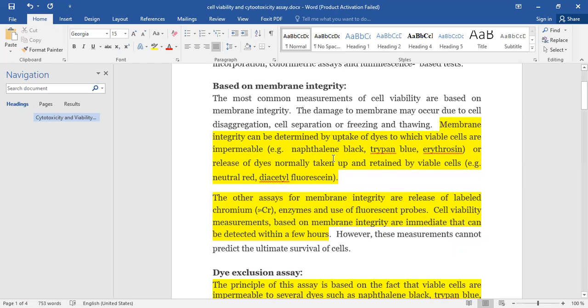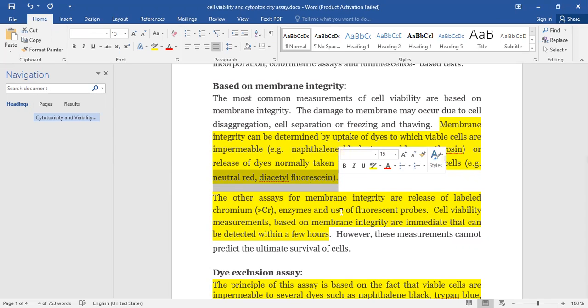Only the cells which are not surviving can be stained. Due to these methods, we can analyze the number of viable cells and the number of dead cells. Some dyes are used for the analysis of dead cells, and others are used for the analysis of viable cells, because they are retained by the viable cells.